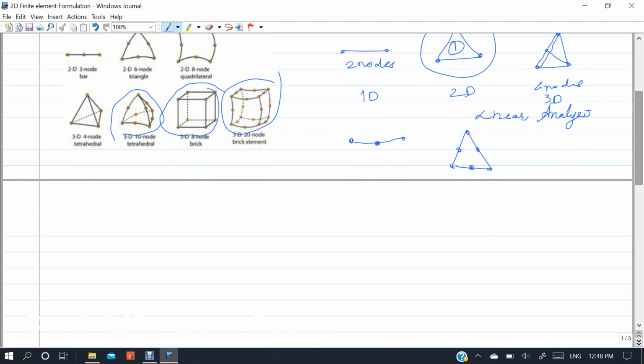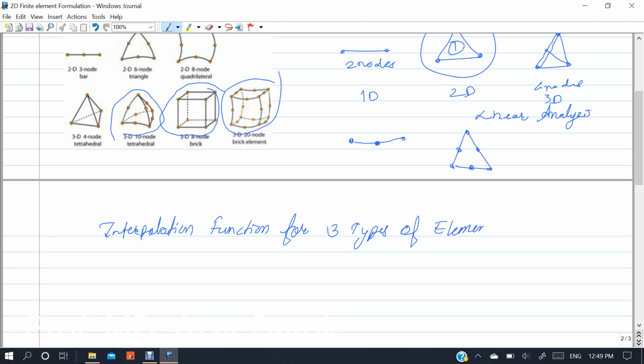So what are the interpolation functions? We are going to see now the interpolation functions for these three types of elements. Suppose for a 1D element, this two node link element, what will be the interpolation function?